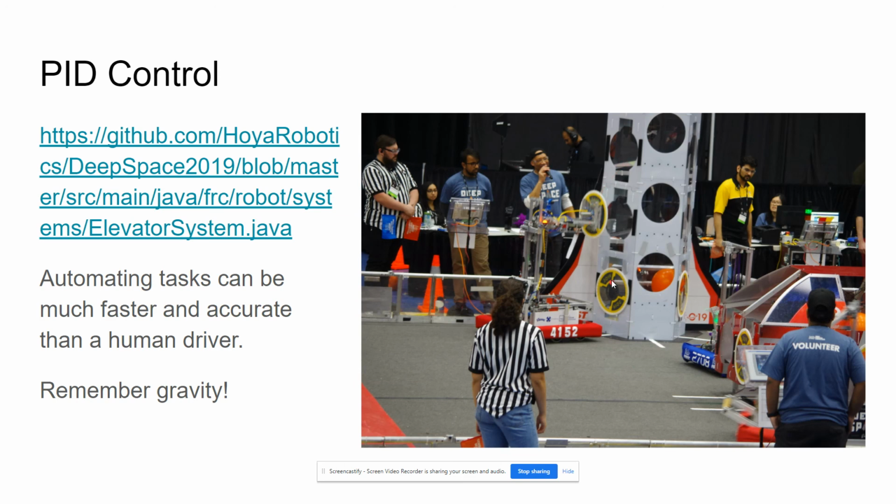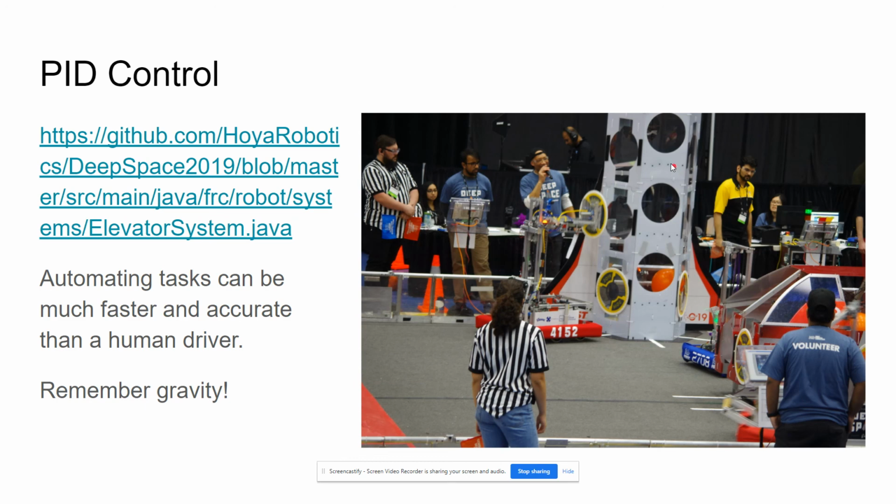And our driver would use the right joystick to move this up and get it on. And another mentor, Sam, and myself were talking to them and going, we've got to implement something so that we can automate that. And we researched it and we found PID control. And so for our next competition at North Bay, we were able to implement it.